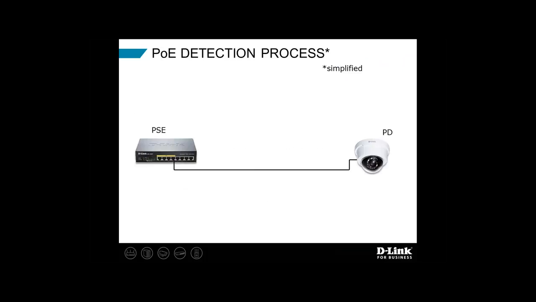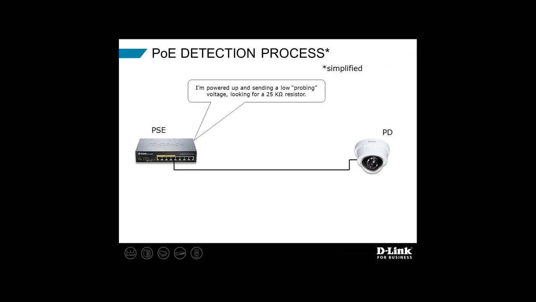So I mentioned earlier that there's a detection process. A valid PoE power source, PSE, is going to go through a sequence to make sure that whatever's connected at the other end of the cable is indeed a valid PD before it actually applies the power. So let's take a walk through that. This is my own depiction, in a very, very simplified way, of how that detection process works.